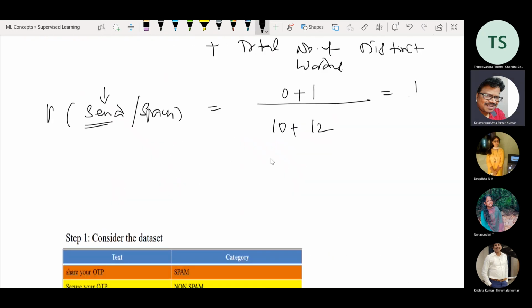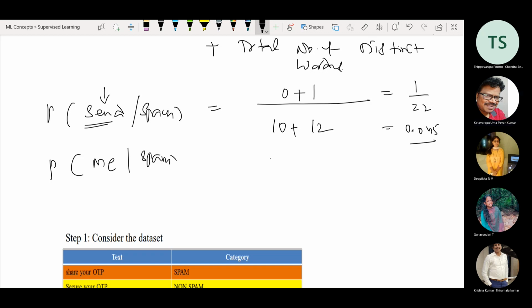Now the value is 1 by 22. I'll give you the value; I computed it for us, maybe this is 0.045, as a part of this demonstration. Coming to the second one, probability of me given spam. The denominator remains the same, guys: total number of words in that category plus distinct words.